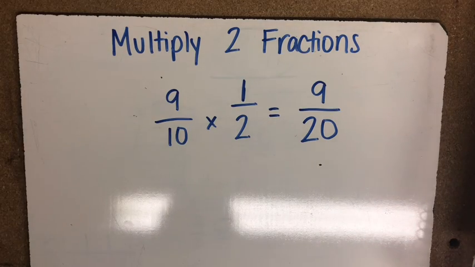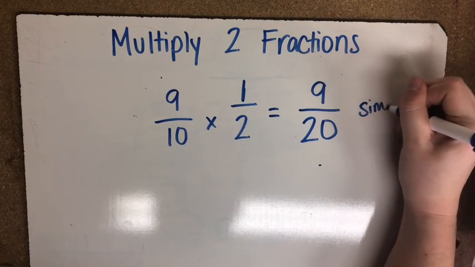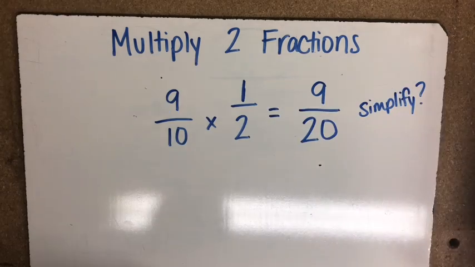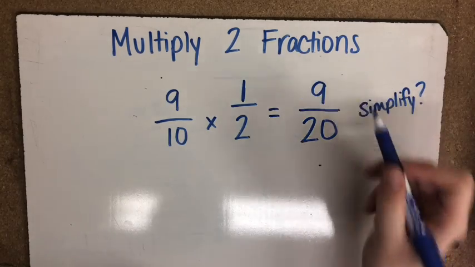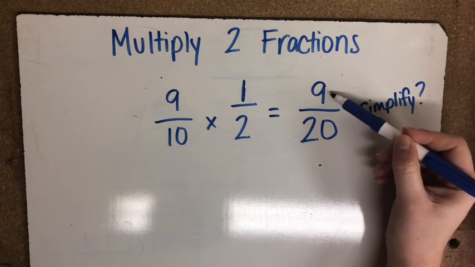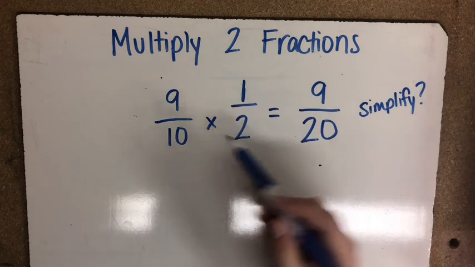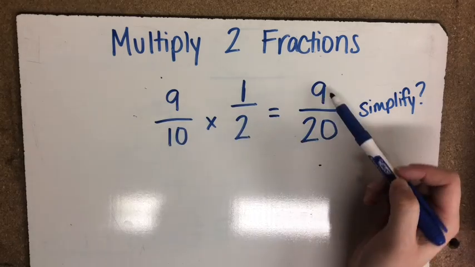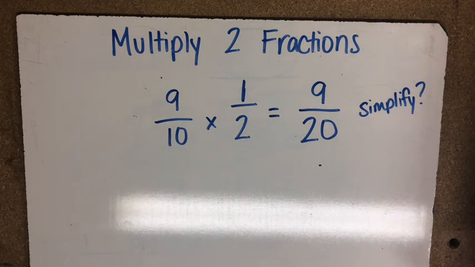And then you check to see if you can simplify. In this case, 9/20, we cannot simplify because there's no number that can be divided out of 9 and out of 20. So the answer to 9/10 times 1/2 equals 9/20.